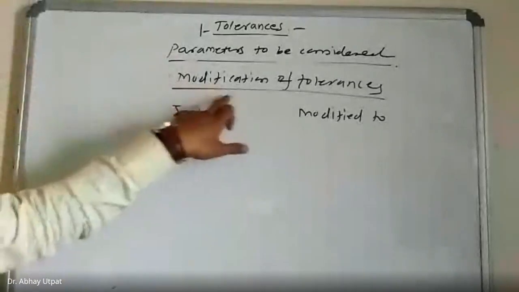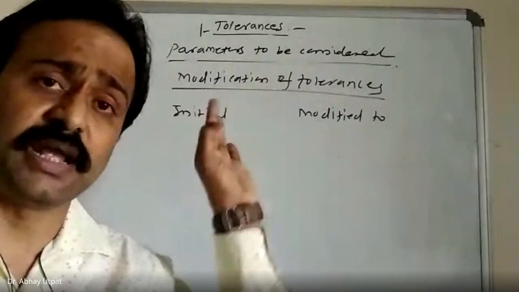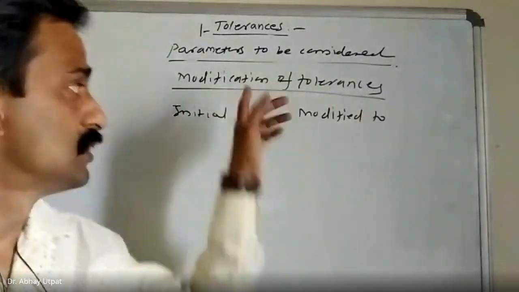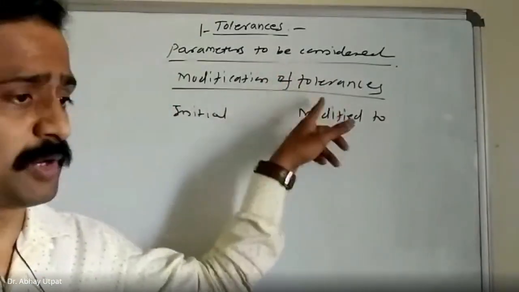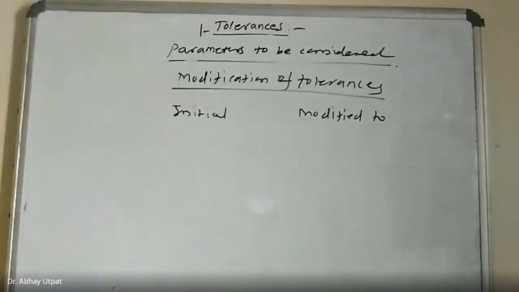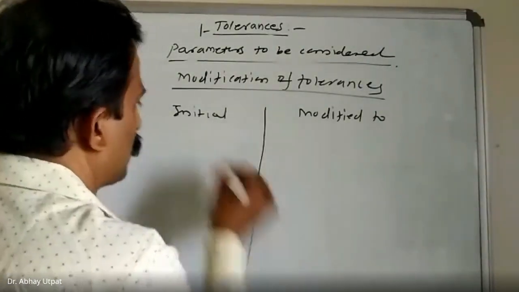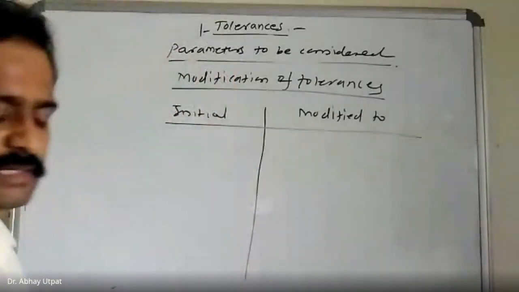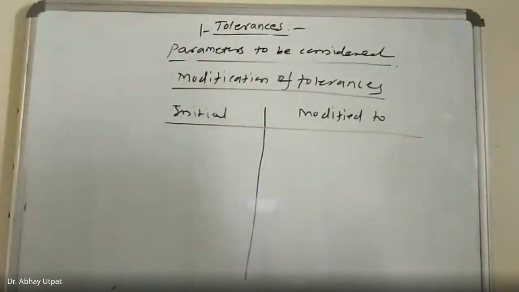Modification of tolerances is required for exact precision and accuracy. So, you can write precision here instead of accuracy. Modification of tolerances is required for precise dimensions. Initial dimension modified to, it will cause easy molding and easy obtaining of precise components.